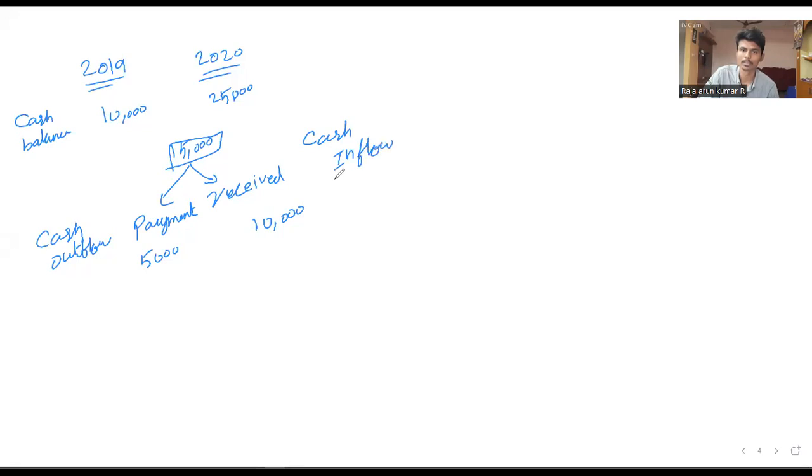Okay, this is the important word you must understand: cash inflow and cash outflow. The payments are known as cash outflow. The receivables are known as cash inflows. Cash comes inside the business means cash inflow. Cash goes outside the business means cash outflow. Okay. You note it down.